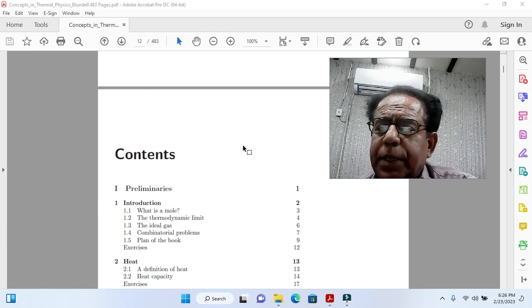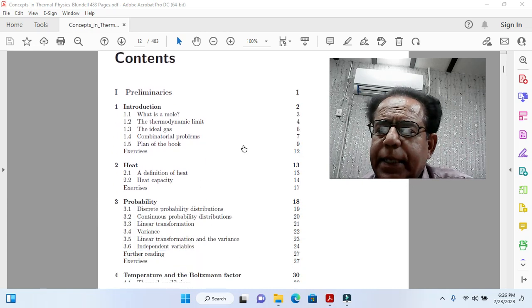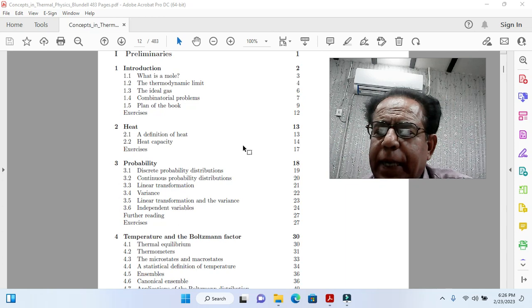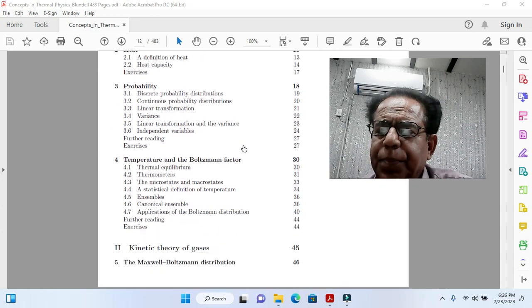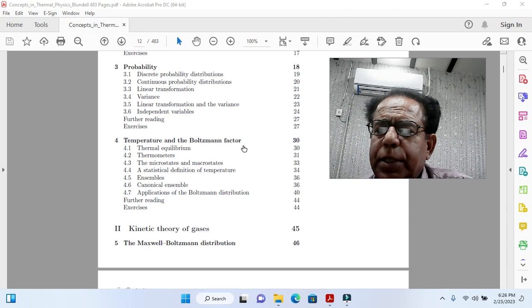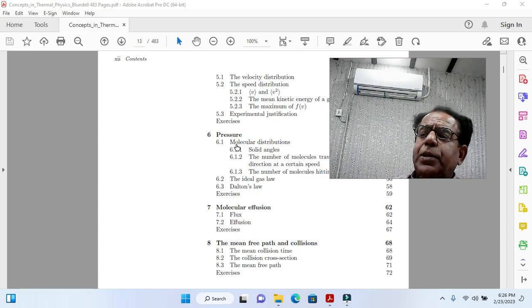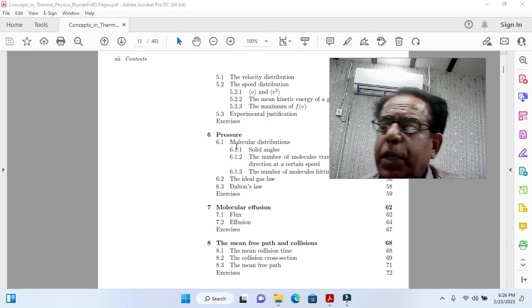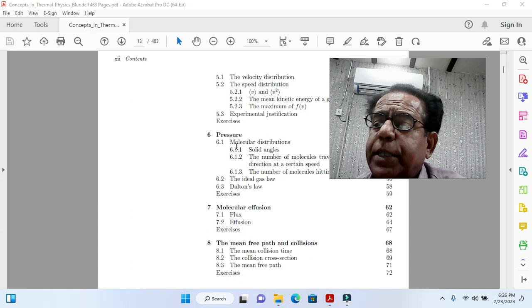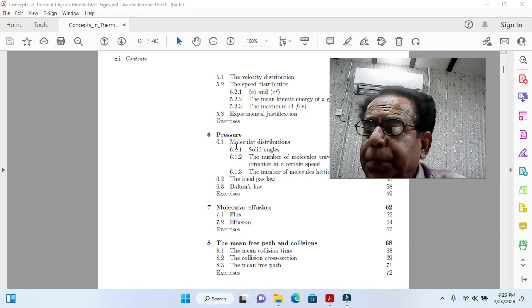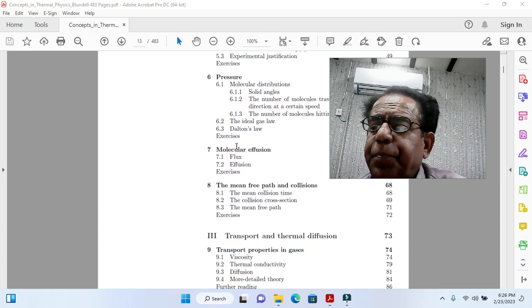Preliminaries, introduction, heat, probability, temperature and the Boltzmann factor, kinetic theory of gases, the Maxwell-Boltzmann distribution, pressure, molecular effusion. Not diffusion, effusion. The mean free path and collisions.